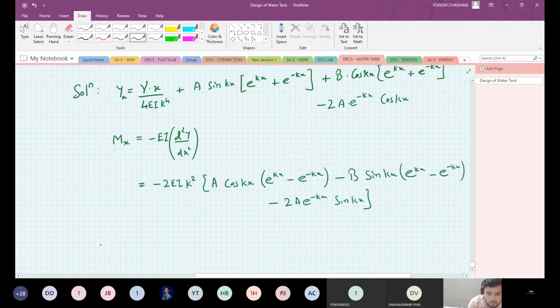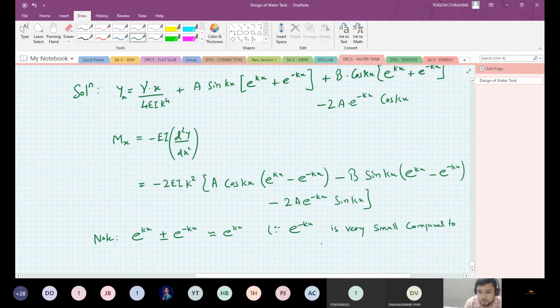Now, you know that e to the power kx plus or minus e to the power minus kx is equal to e to the power kx, because e to the power minus kx is very small compared to e to the power kx.